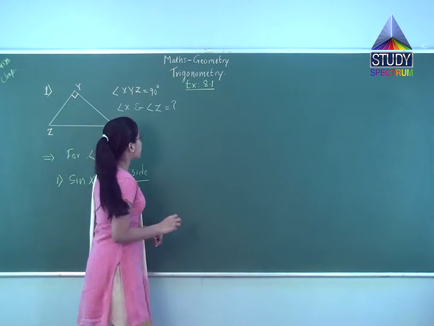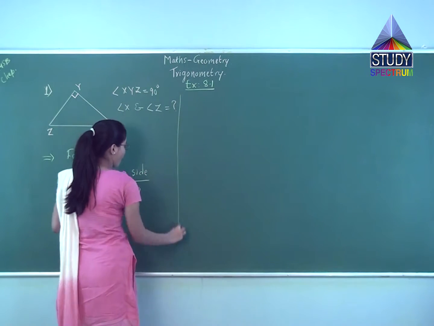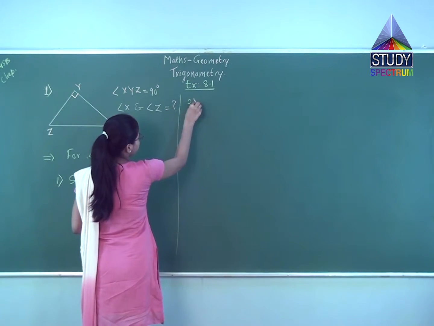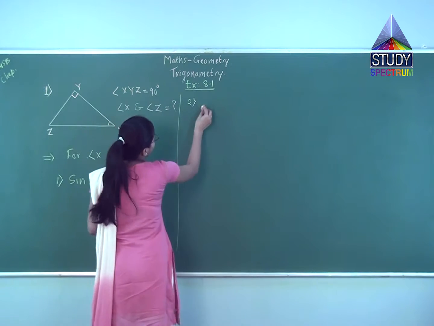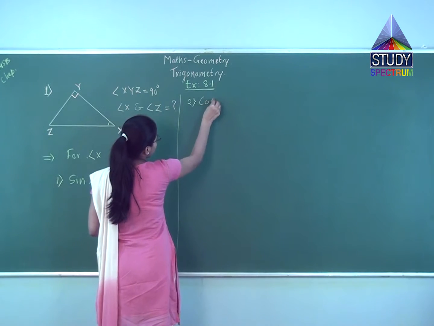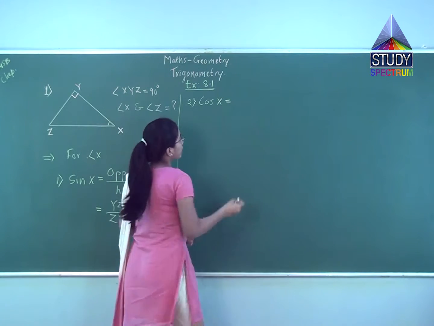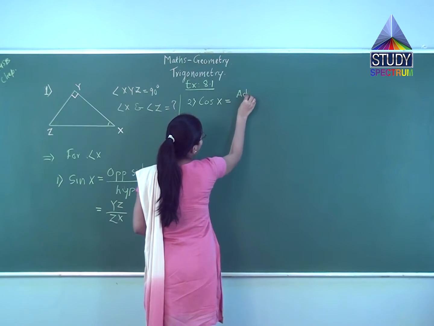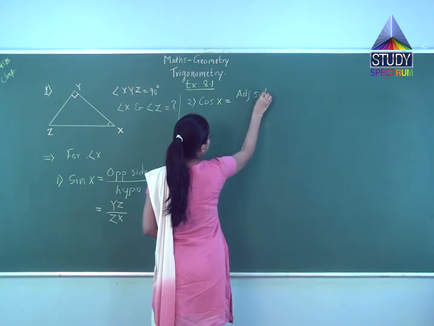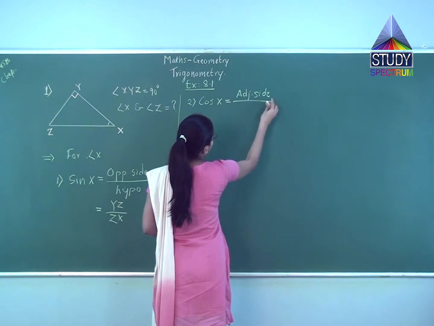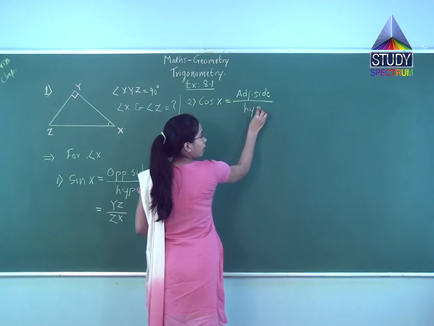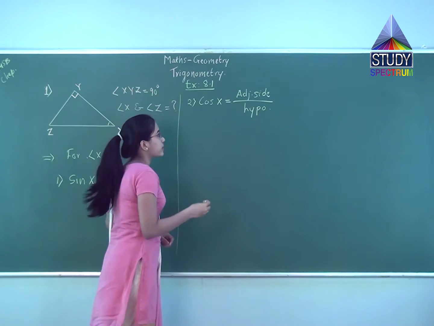Let us write the second ratio. The second ratio we will take is cos X. What is the formula for cos? It is adjacent side upon hypotenuse.